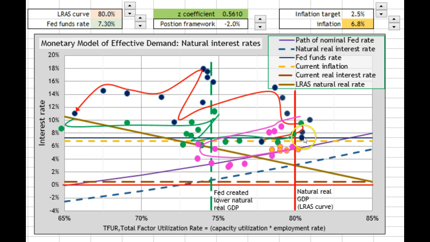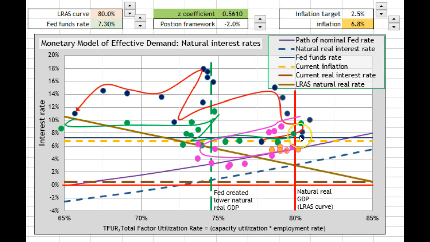Okay, so here we see, now I'm going to go up. Second quarter of 1978, so now we're at this dot. So from the first quarter to the second quarter, the economy rammed into the natural real level of GDP, which is interesting. It hit it really fast, from here to here in 3 months, and then stopped.